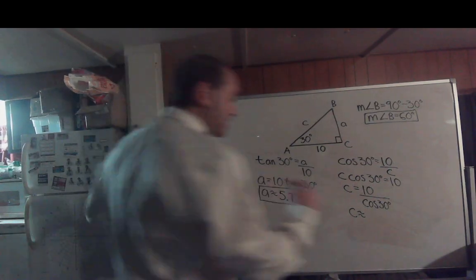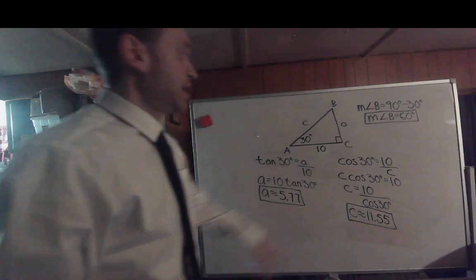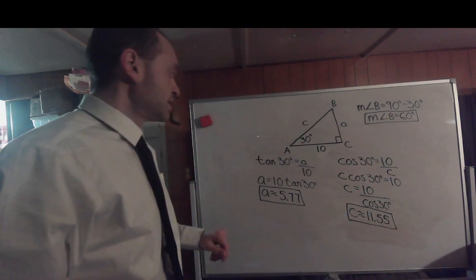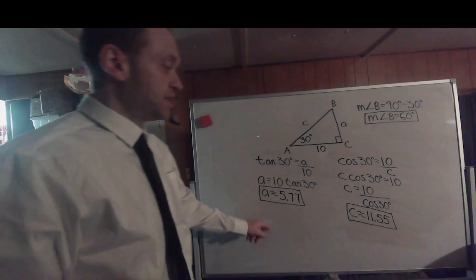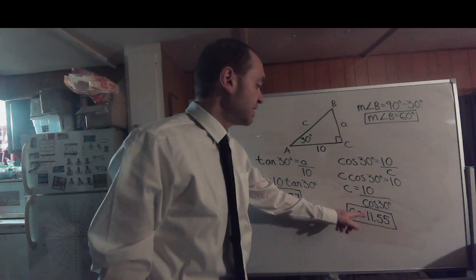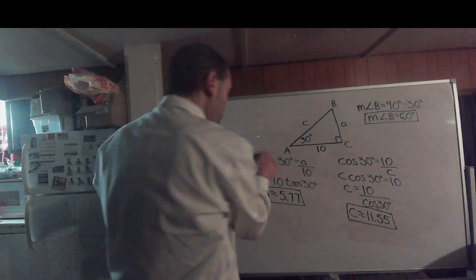You end up getting a length of about 11.55 units if you round to two decimal places. So now we have solved for the missing parts of this right triangle. Angle B is 60 degrees, side A is approximately 5.77 units, and side C is approximately 11.55 units. And I've got more of these.